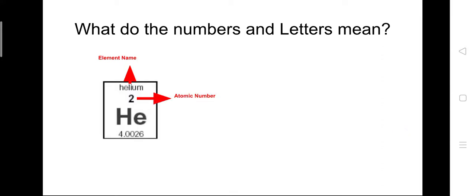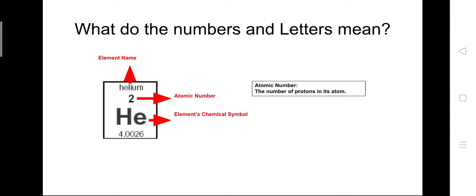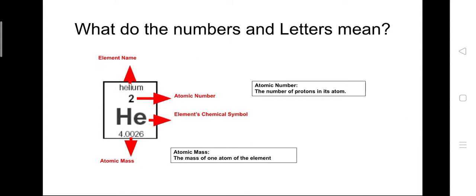The number there is the atomic number. Atomic number is the number of protons in each atom. He represents the element's chemical symbol, and the number under the chemical symbol is the atomic mass. Atomic mass is the mass of one atom of the element.